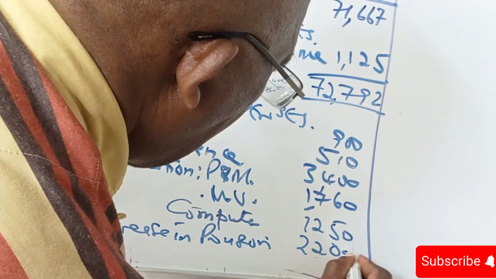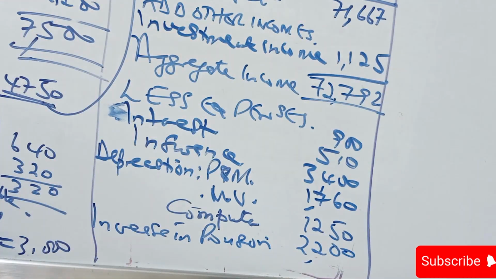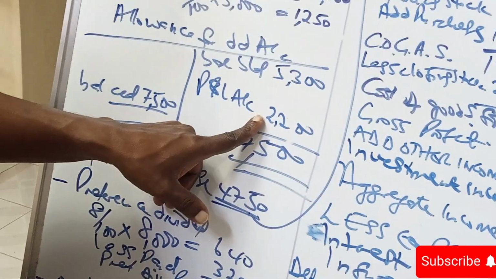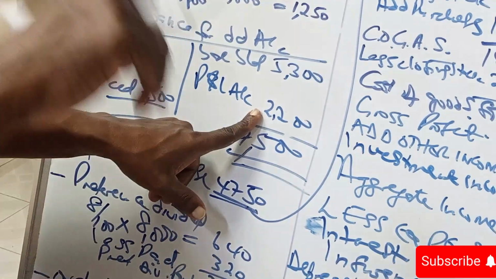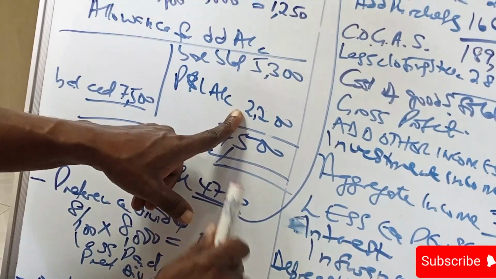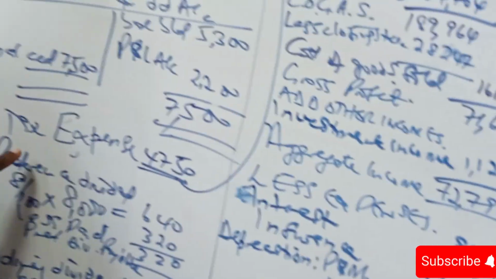Please mark, it's not the balance carried down that I'm taking to the P&L. I'm only taking the increase. If it was a decrease, I would have captured it as other incomes. Now that it is an increase, it's an expense.